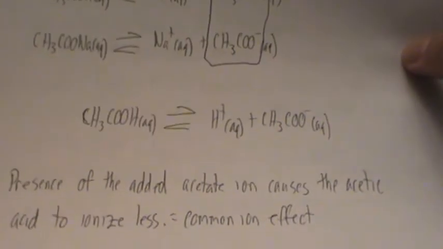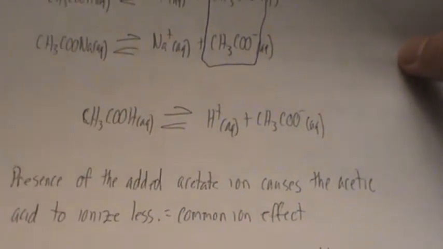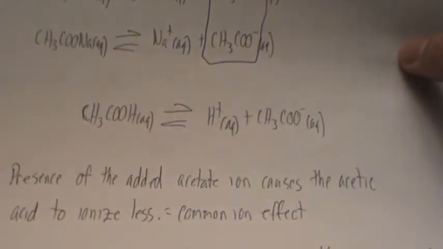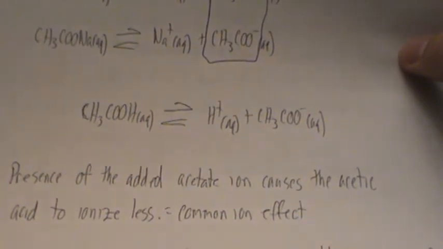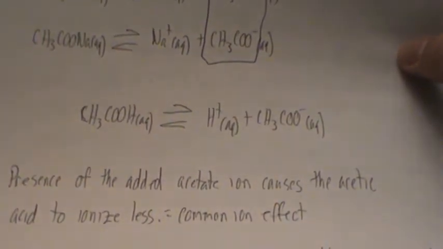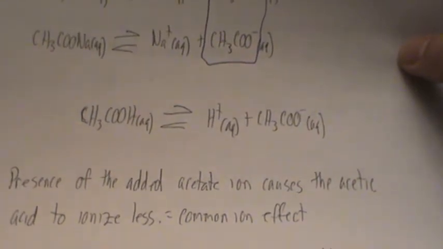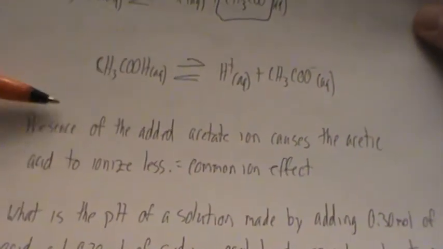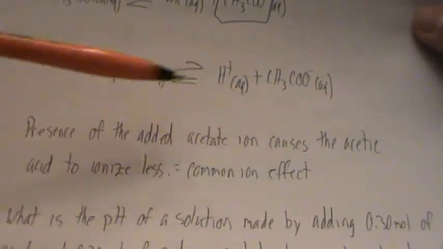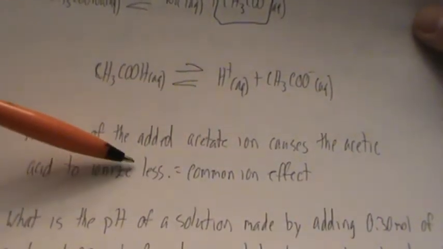Now, looking at our weak acid, what we learned in the last chapter is we can calculate the pH of our weak acid by going through the ice table. But if we have sodium acetate in our solution with the acetic acid, the added acetate ion causes the acetic acid to ionize less.